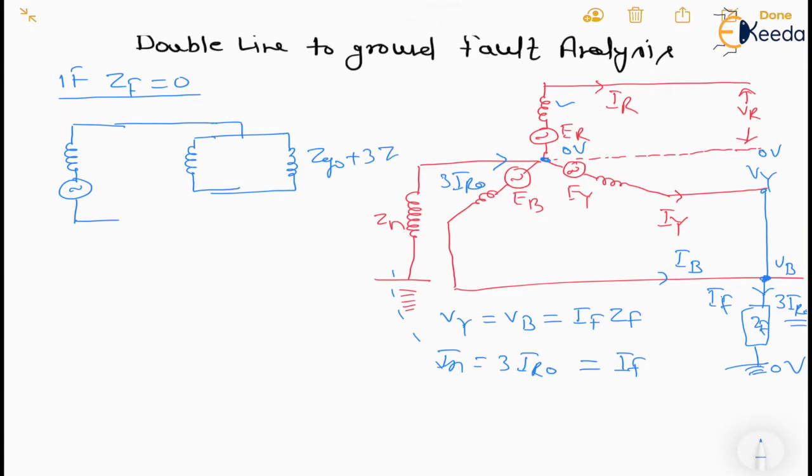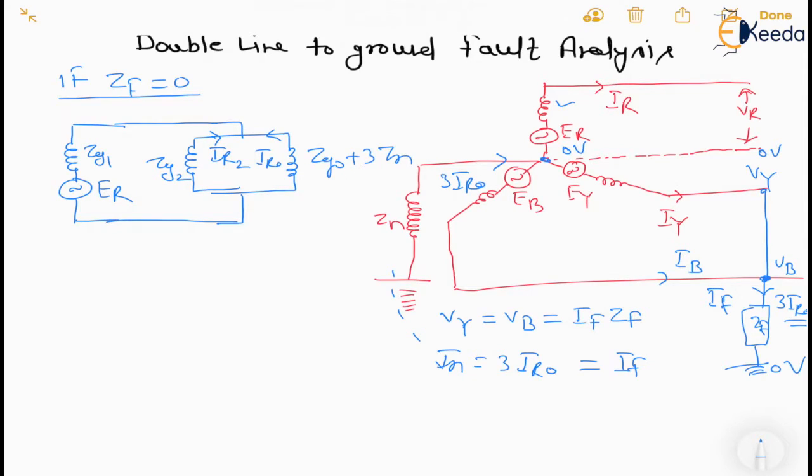So this will be Zg naught plus 3Zn, and this will be Zg2, and this will be Zg1, and this is ER. And you can see clearly that Zg1 and Zg2 are all sequence networks of the generator. So current IR2 will look like this, current IR0 will look like this, and correspondingly we can calculate the values of voltage.